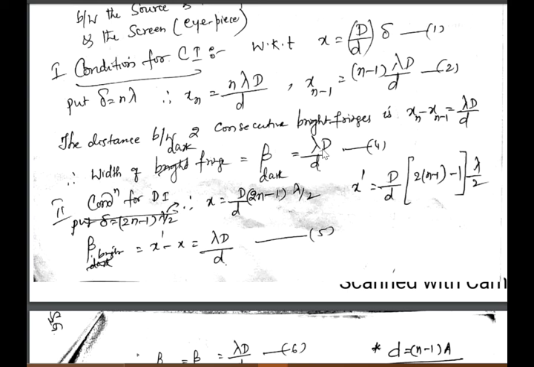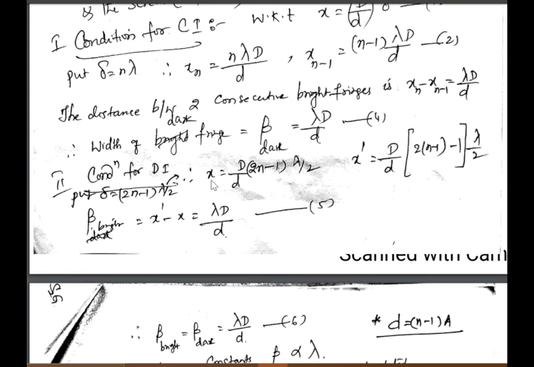Similarly, second condition, case 2, condition for DI. DI means destructive interference. So put delta is equal to 2n minus 1 into lambda by 2. Therefore, x will be equal to D by d into 2n minus 1 into lambda by 2. And x dash will be D by d into 2 into n minus 1 minus 1 into lambda by 2. So x dash is the distance of the n minus 1 dark fringe on the screen. x is the distance of the nth dark fringe on the screen.